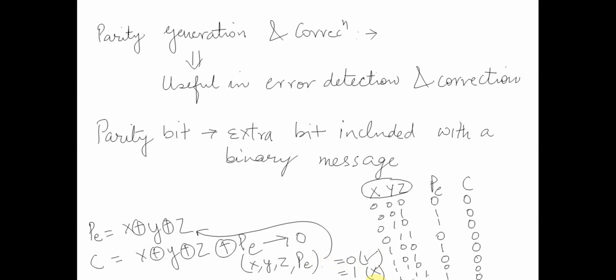Correct? So our parity bit code would be XOR of 3 operation. It would be something like this. So my parity generator would be something like this, giving the P bit from X, Y, Z, and then my error correction circuit.